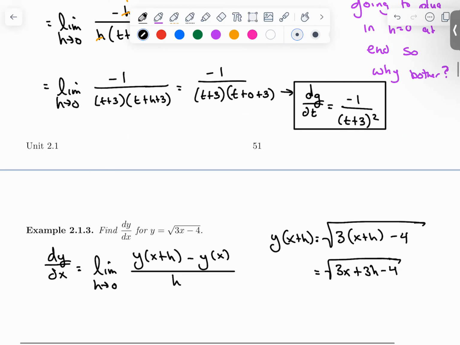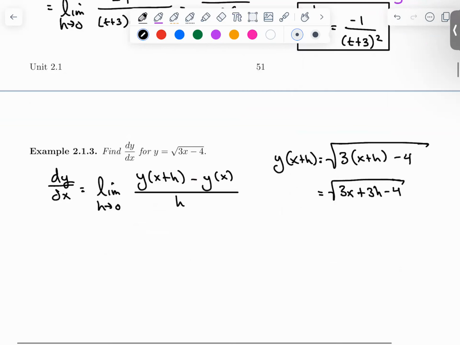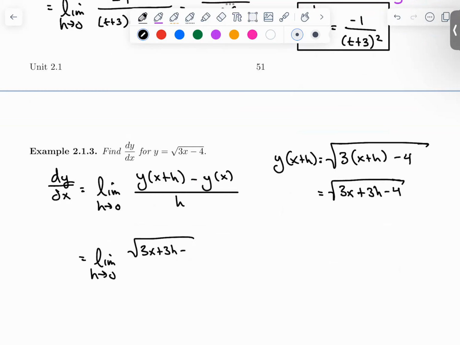Then we're gonna write it down, and then I will let you guys fill in the rest of the details. I'll write the answer when we come back from our notes next week, since Wednesday will be the exam. But I want you guys to think about how you would go about doing it. This will be the limit as h approaches 0 of the square root of 3x plus 3h minus 4 minus the square root of 3x minus 4, all divided by h.